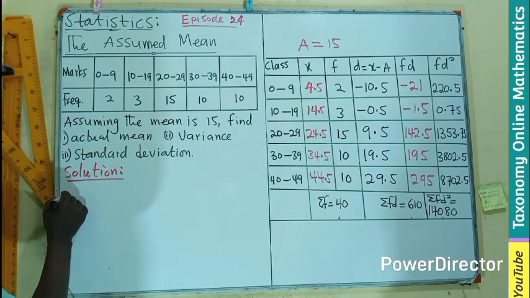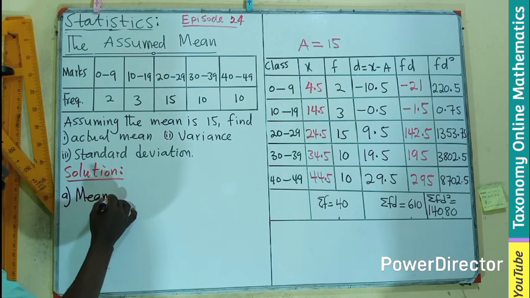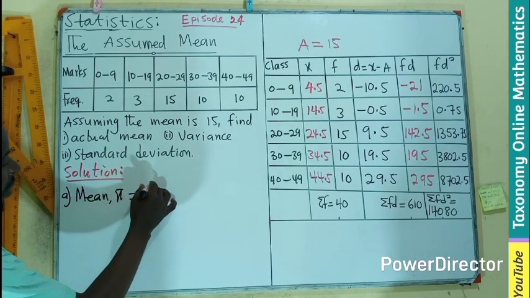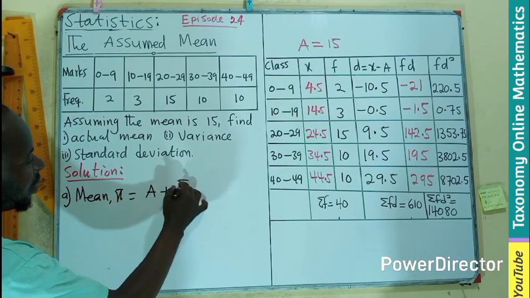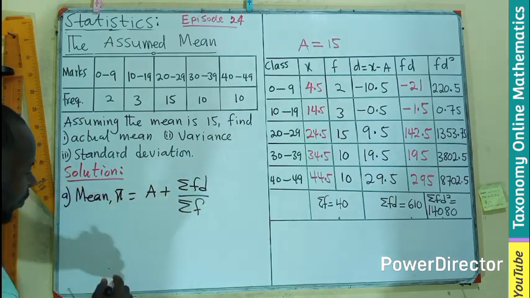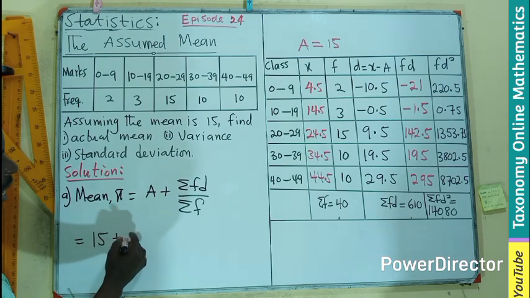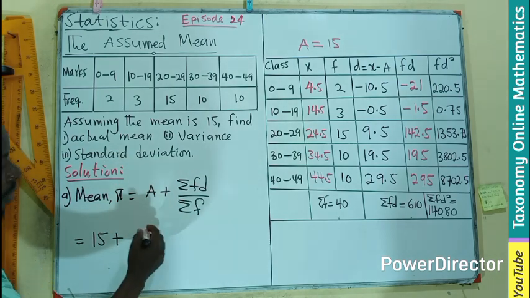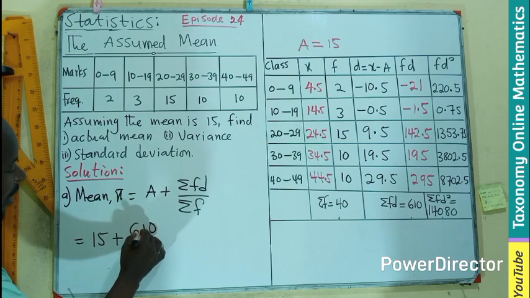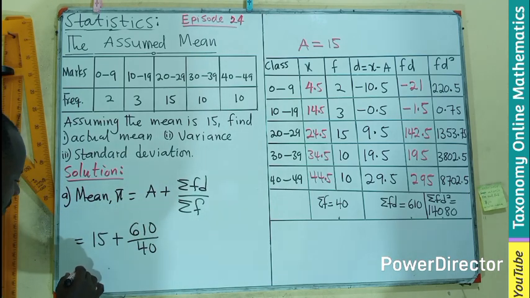So the next thing to do from here is to go for, so I begin from here or there. Okay, let's go. The first one is to find the mean. And we know the mean is the assumed mean plus sigma FD over sigma F. That means the assumed mean is 15 plus sigma FD, what we have? 610 divided by what? Sigma F, that is what? 40.